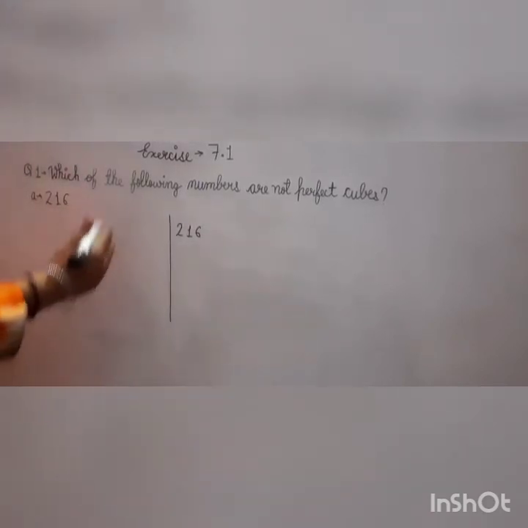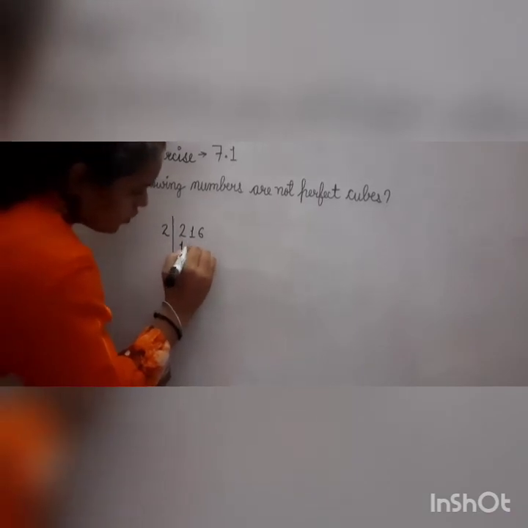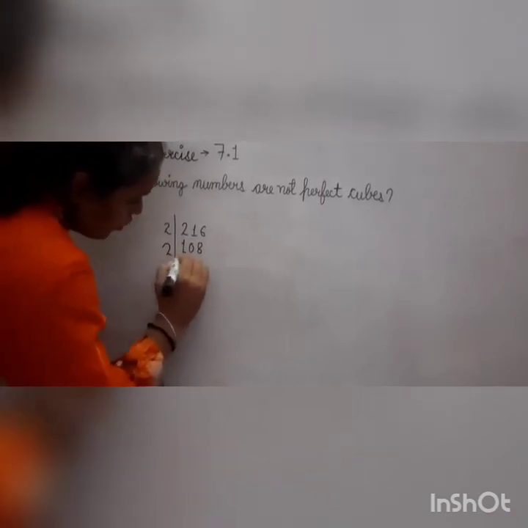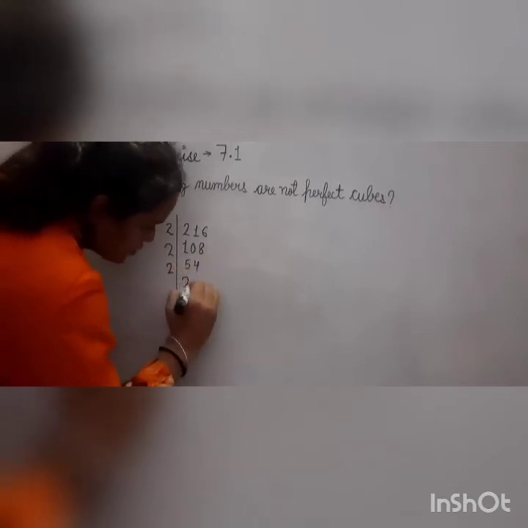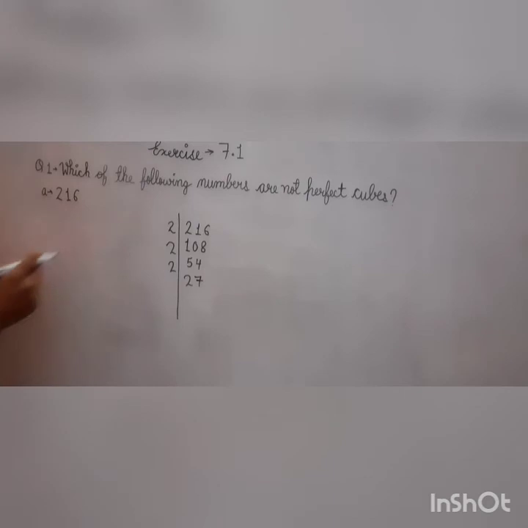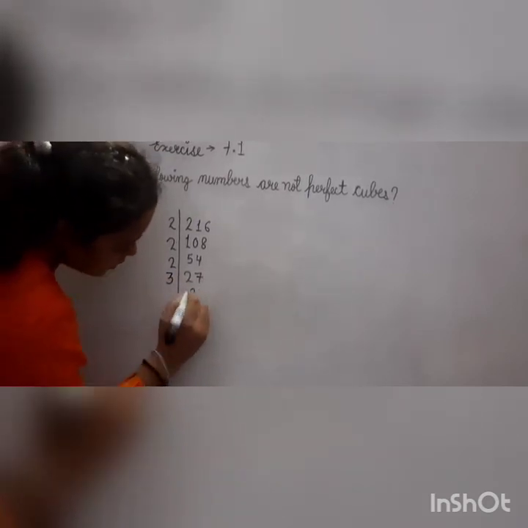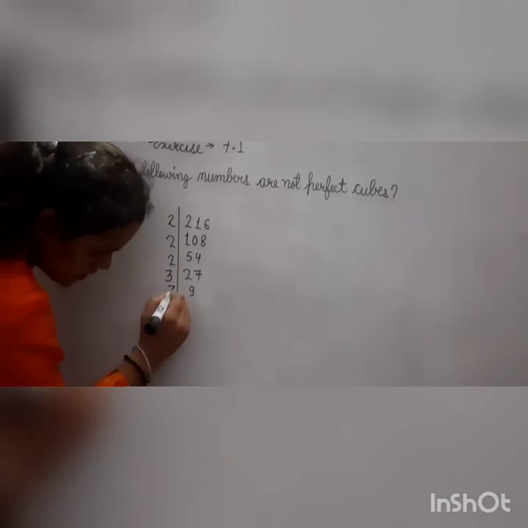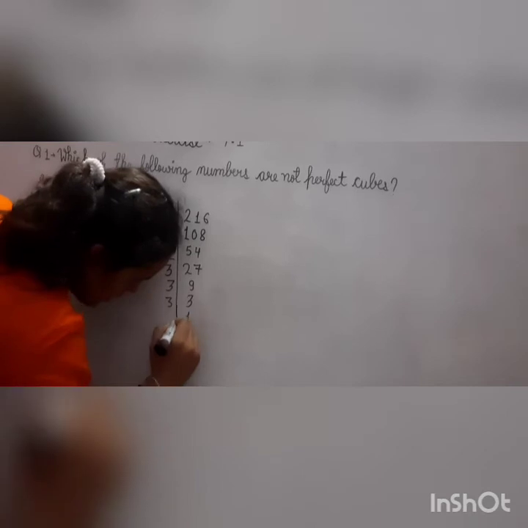Now you will divide it by 2. 2 times 1 is 2, 2 times 0 is 0, 2 times 4 is 8, so 108. Again 2 times 5 is 10, 2 times 4 is 8, so 54. Again 2 times 2 is 4, 2 times 7 is 14, so 27. You know that now you have to divide it by 3. 3 times 9 is 27, 3 times 3 is 9, 3 times 1 is 3.